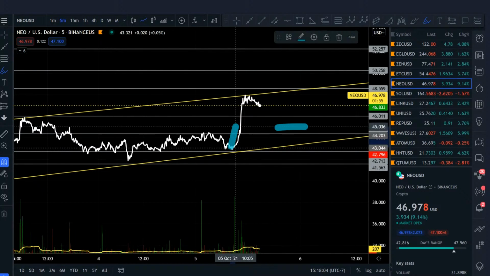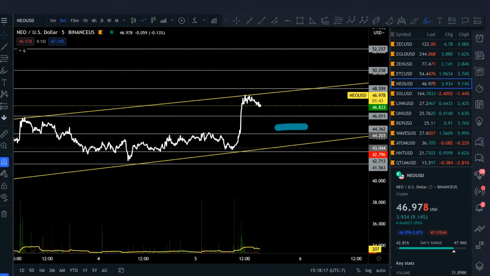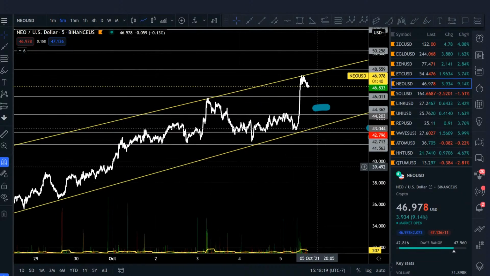It could stop here, and right when Asia opens, those hedge funds, those institutions are like, oh, we're gonna buy right now, and they might do a breakout setup. But that's how you really get ahead of other people in the crypto market.